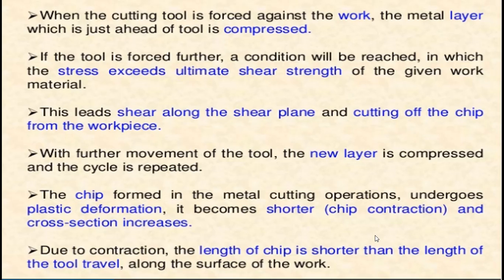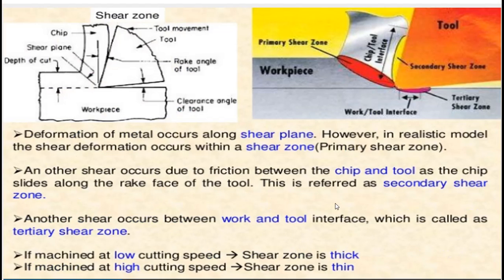The chip formed in a metal cutting operation undergoes plastic deformation. It becomes shorter and its cross-sectional area increases. Due to contraction, the length of the chip is shorter than the length of tool travel along the surface. Here, a microscopic diagram of the chip formation process is shown. Deformation of metal occurs along the shear plane.